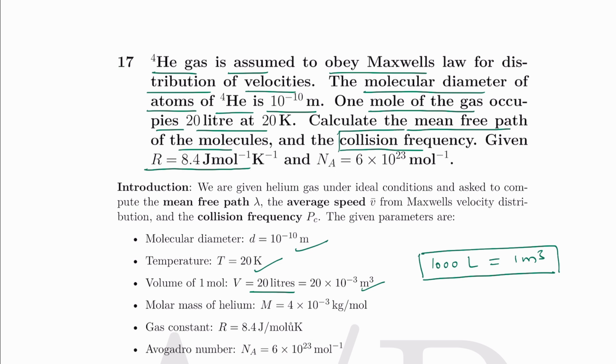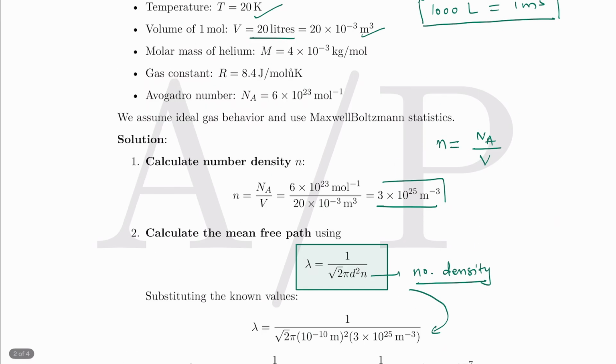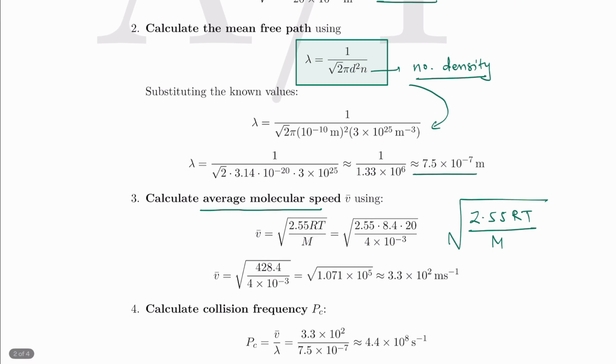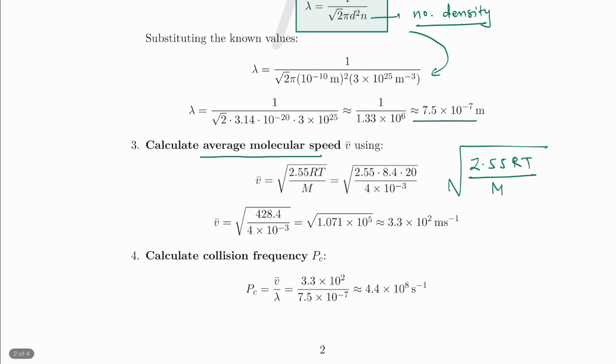Because for the collision frequency we'll need to know what is the average molecular speed. So in that way, when you substitute all the values, you are simply going to get 3.3 multiplied by 10 to the power 2 meter per second. This is a simple calculation. You are allowed to use a calculator and that is what you are going to use.